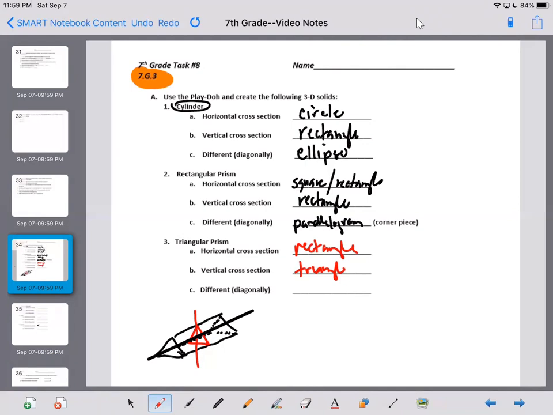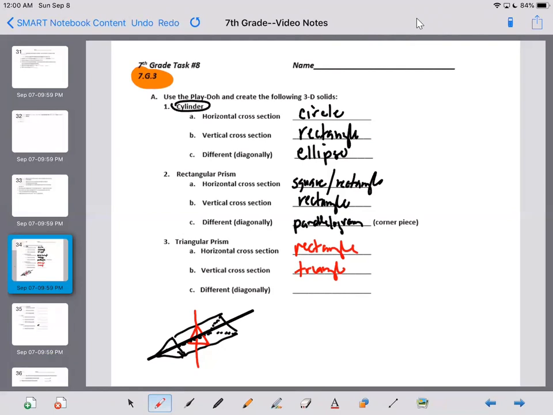Now that's just the physical part of that, if that's something that you want to do in class. We also have interactive visuals through links, and the internet has good links that I'll provide for you that you could share as well for the kids to see what a horizontal slice and a vertical slice look like.